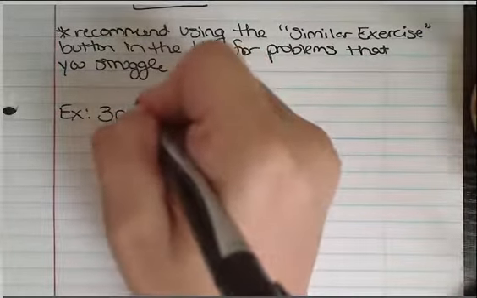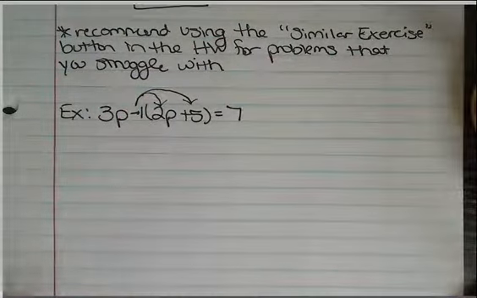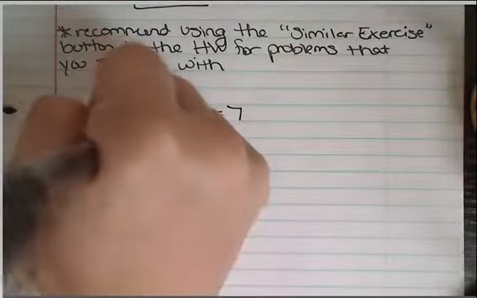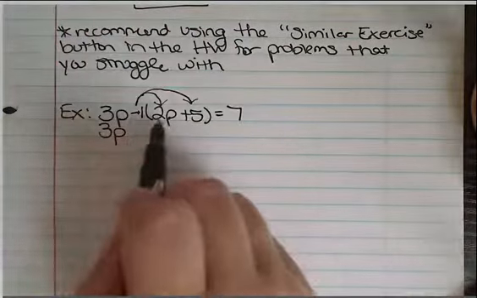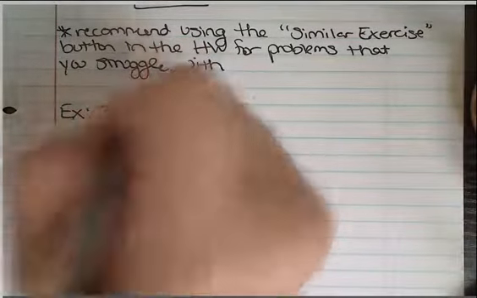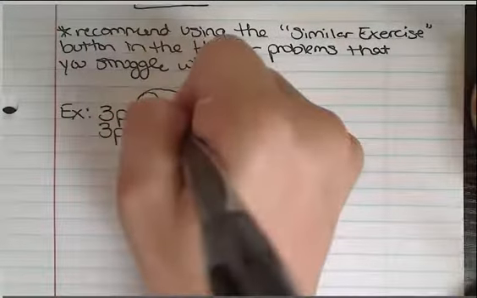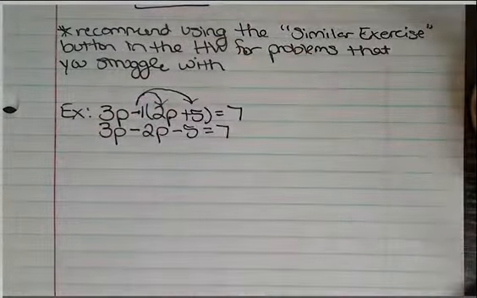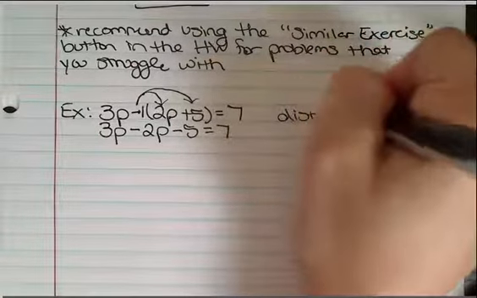So we have a 3p, and then negative 1 times 2p will just be a negative 2p. Negative 1 times a positive 5 will just be a minus 5 equals 7. So we distribute. Now here we have 3p and negative 2p, so that means we need to combine like terms.